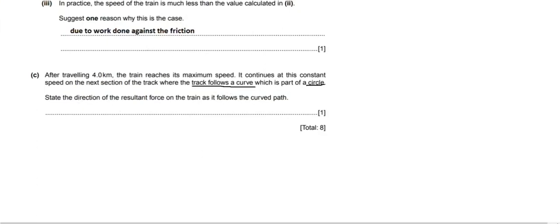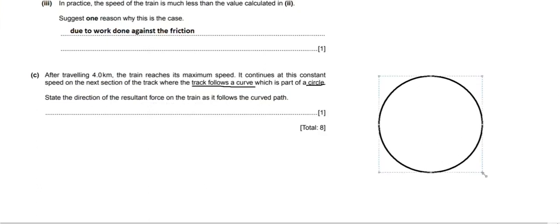We know that whenever we have a curved path which is a part of any circle, the force acting on the object is always toward the center of the circle of that curved path. That is nothing but the centripetal force.